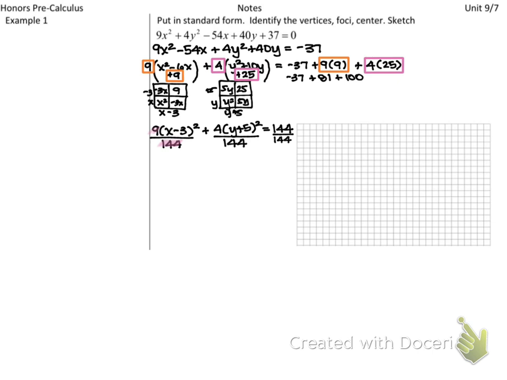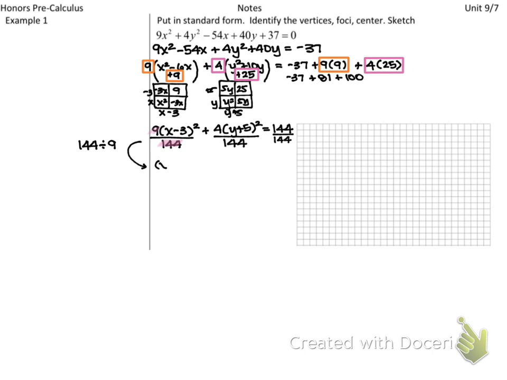So if I do 9 divided by 144, now I want all of the numbers in the bottom. So I'm not going to actually do 9 divided by 144. I'm actually going to do 144 divided by 9. So when I do this division off to the side, I want all of the coefficient or number to be in the bottom. Well, when I do that, I'm going to get a 16.